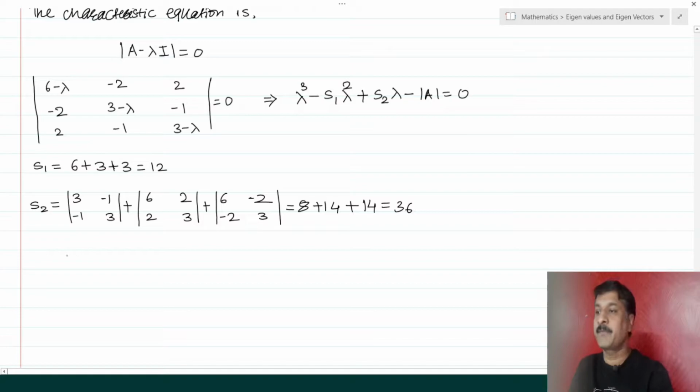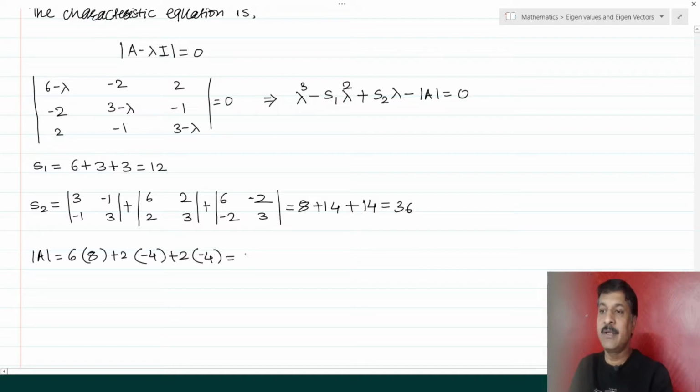36. And determinant of A, that is equal to 6 in bracket 9 minus 1, it is 8, minus minus plus 2 in bracket minus 6 plus 2, minus 4, and plus 2 in bracket 2 minus 6, minus 4.